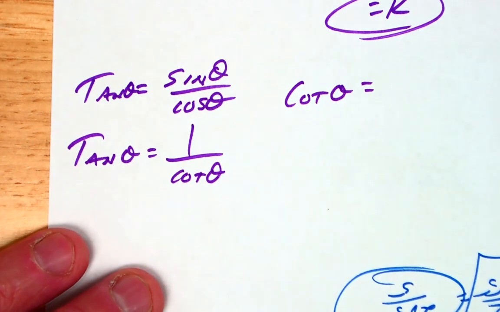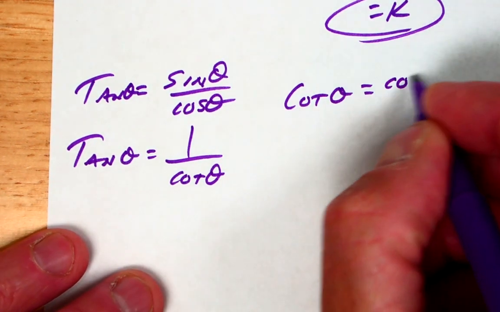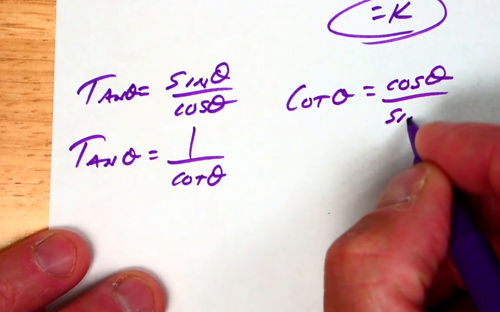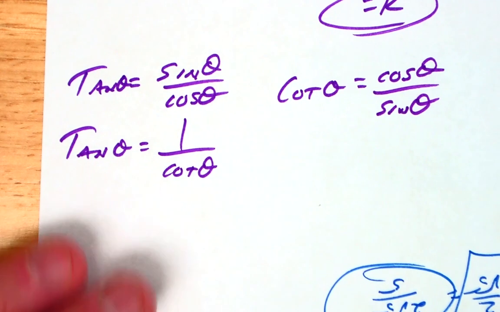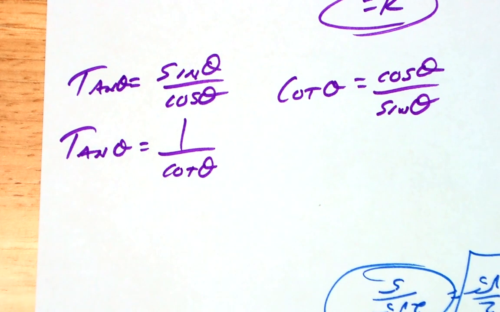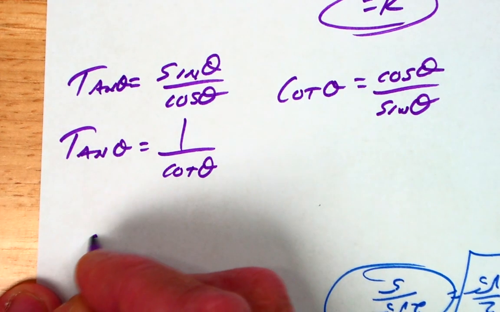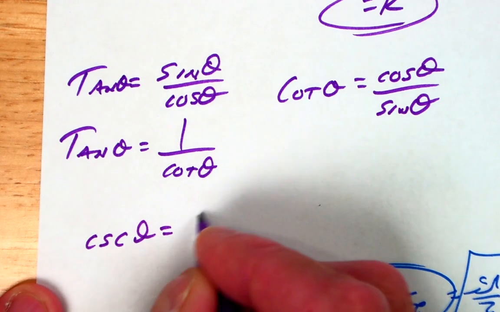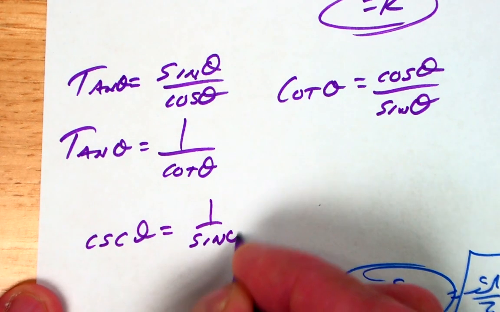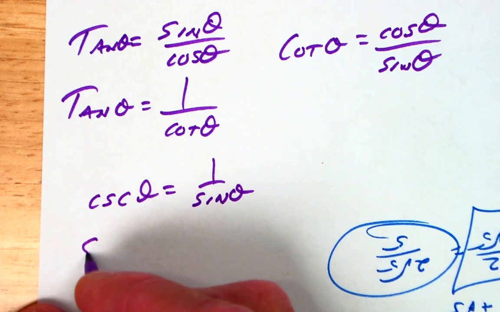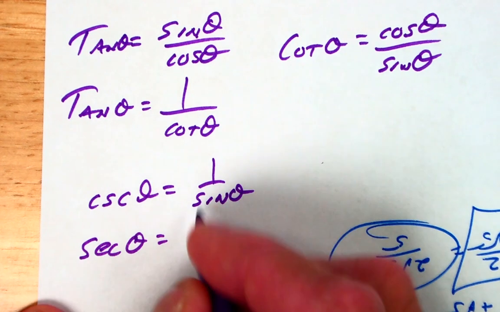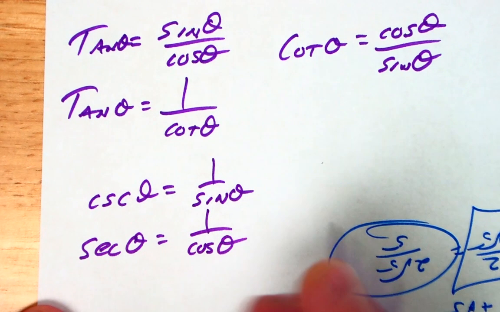Cosine theta over sine theta. Okay? And just the reciprocal functions in general. I've got cosecant of theta is 1 over sine. Okay? Secant theta is 1 over cosine.